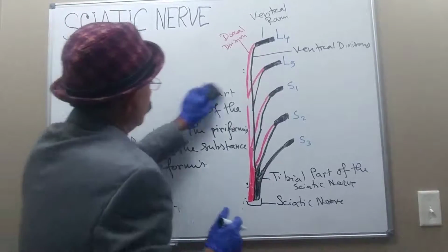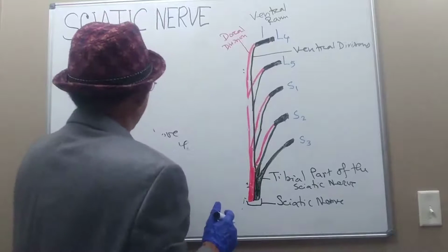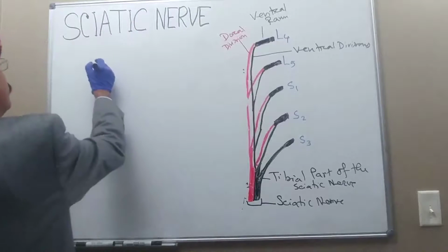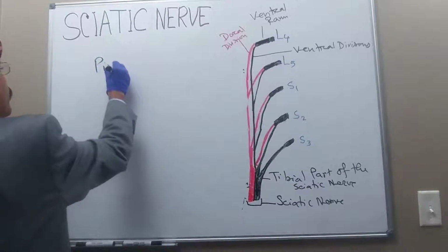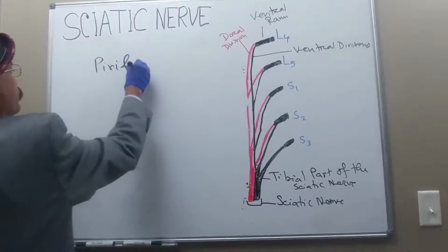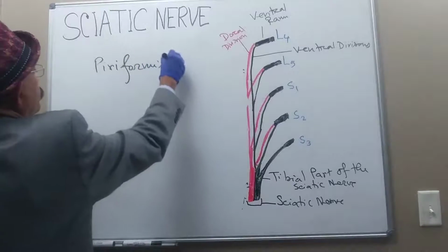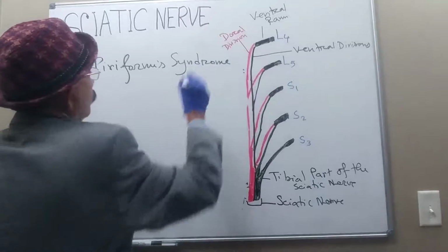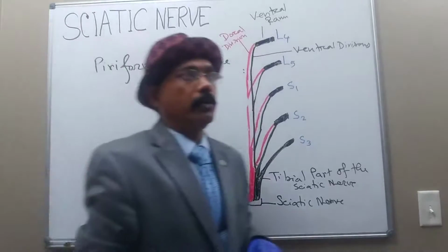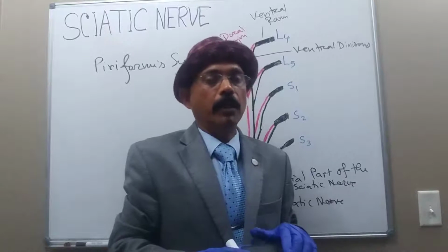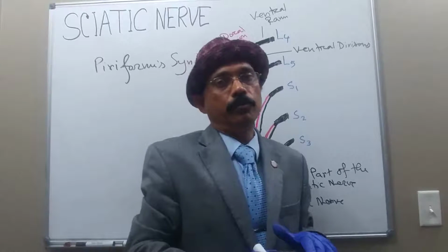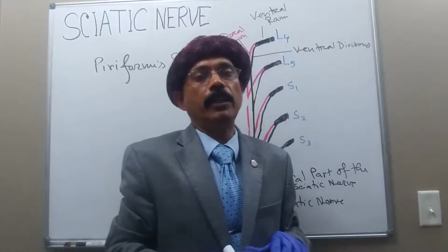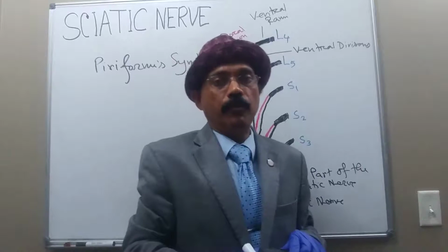We got that variation. We have a syndrome called piriformis syndrome. Okay, so the part of the sciatic nerve may be irritated due to some pathology or changes in the piriformis muscle.